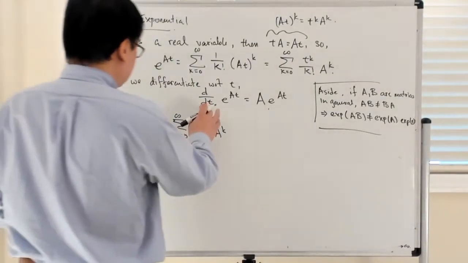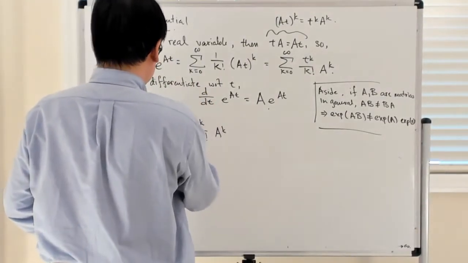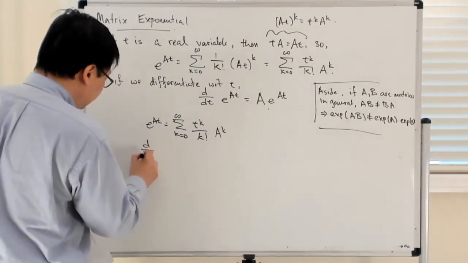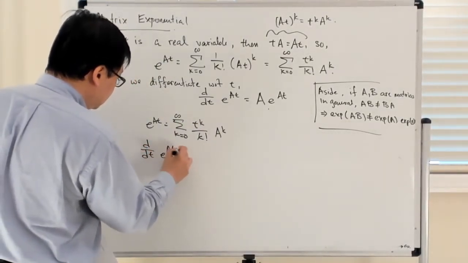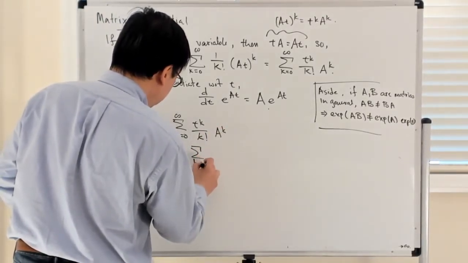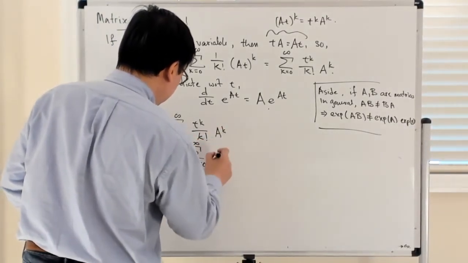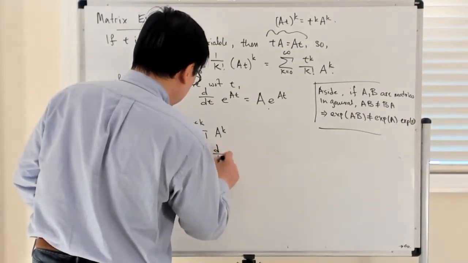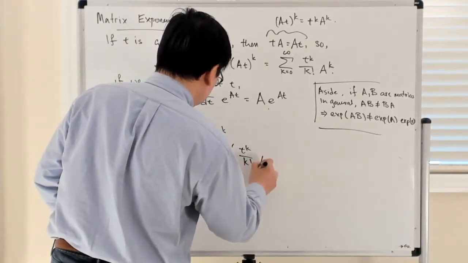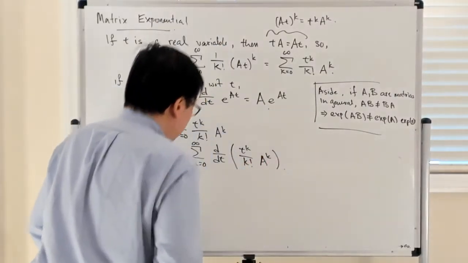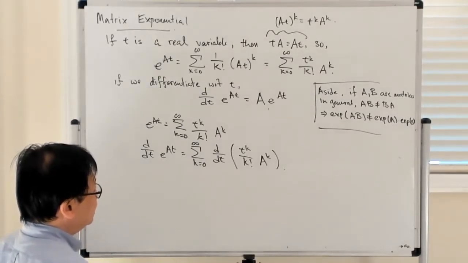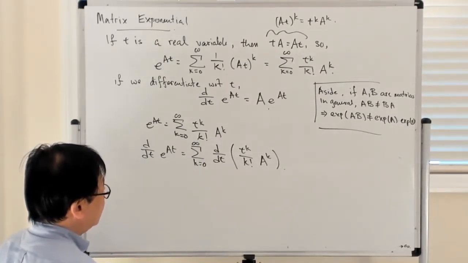Okay, so back to e to the At. I want to differentiate this with respect to time. I'm going to differentiate term-wise inside the sum. Now, t to the k differentiated is k t to the k minus 1.